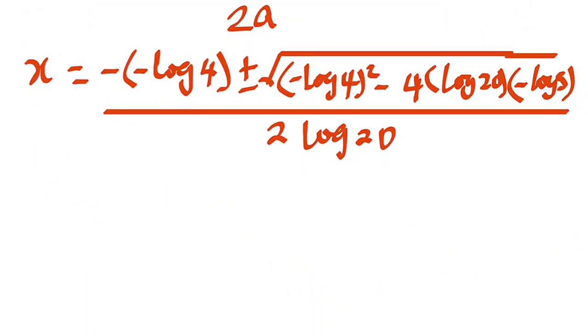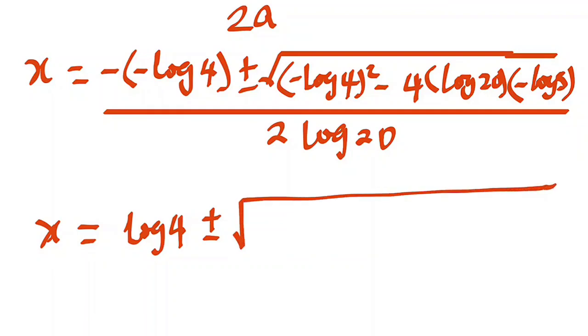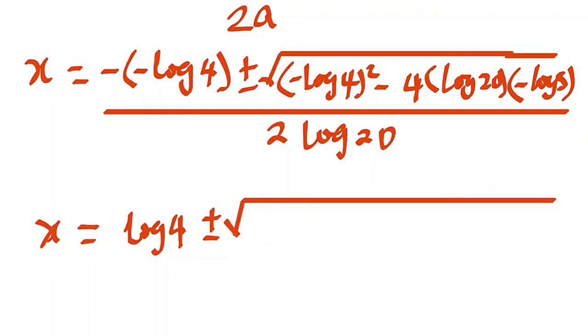So we move on. We're going to have x equals log 4 plus or minus the square root of log 4 all squared, then minus, this minus and this minus will affect each other, so it's going to turn to positive.